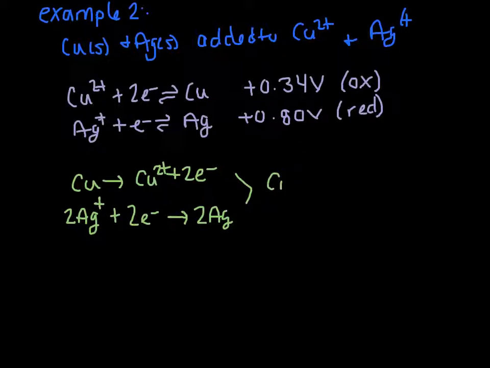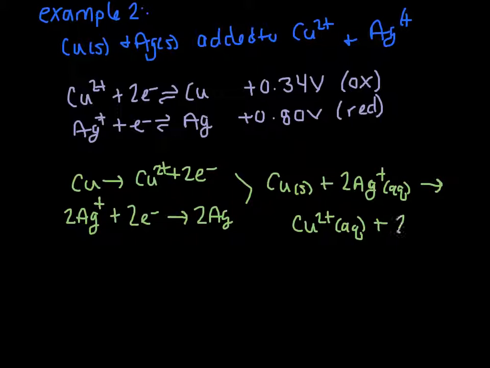What that is going to be is copper solid reacts with 2 silver ions in their aqueous form. This is going to make copper 2+ aqueous and 2 silver solids.